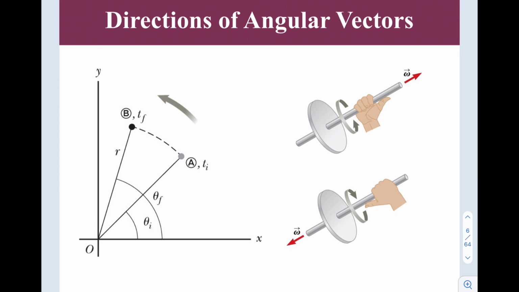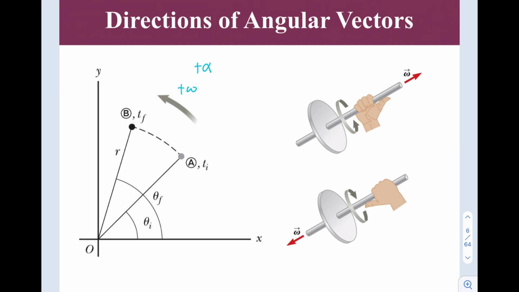So, the direction of the angular vector. The rotation just now, from point A to point B, is counterclockwise. The omega is counterclockwise. If the alpha is positive, here we have positive omega, this is also the direction of alpha.